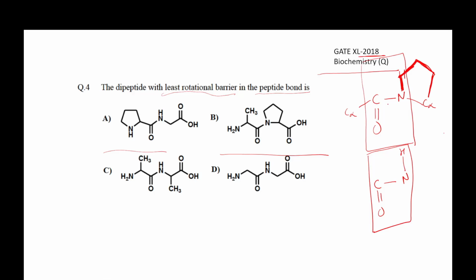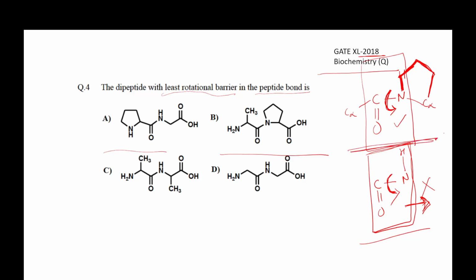That is why, when proline is present, the movement around the peptide bond is visible, as compared to the normal case where a planar structure is formed, where all 4 atoms remain in a single plane and inhibit the rotation. The planar structure is not allowing the movement. However, when proline is present, this cannot inhibit the rotation and allows rotation around the peptide bond. So this particular rotation is favored.